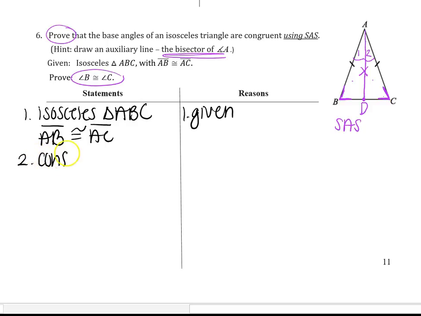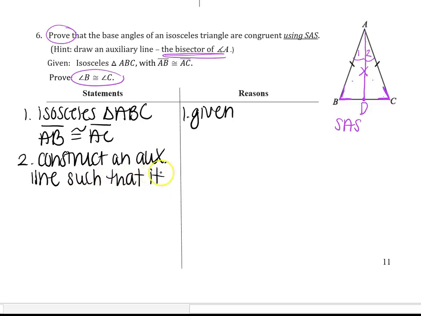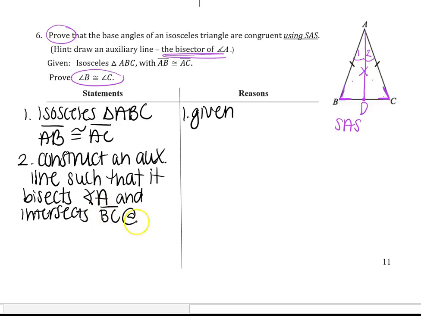So we're going to construct an auxiliary line such that it bisects angle A and intersects BC at D. Okay?